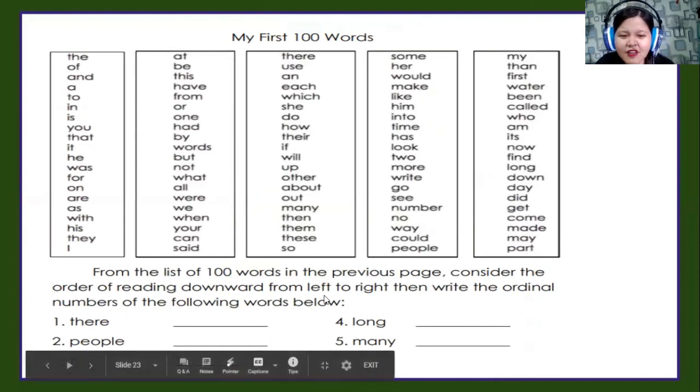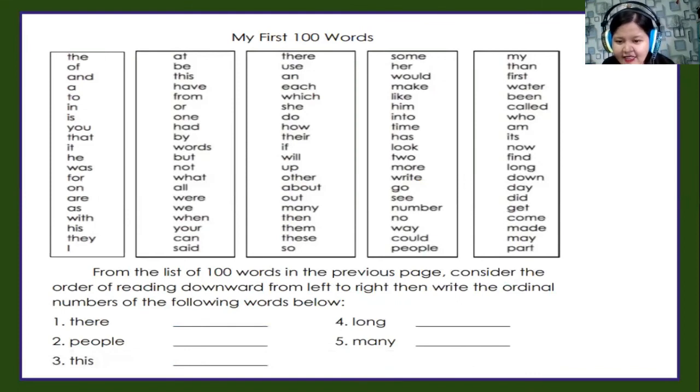From the list of 100 words on this page, you consider the order of reading downward, from left to right, and then write the ordinal number of the following words below.